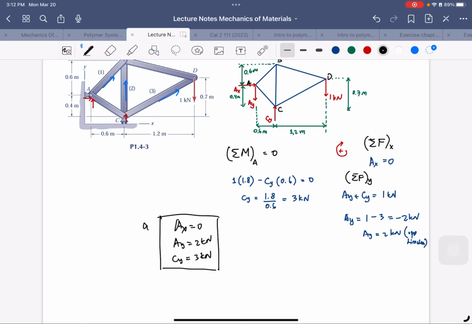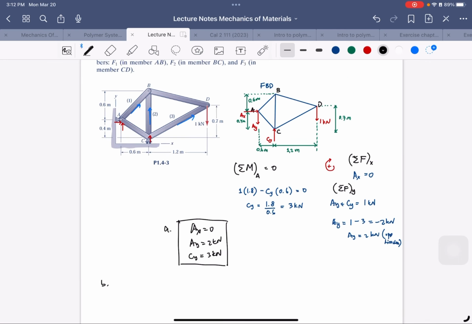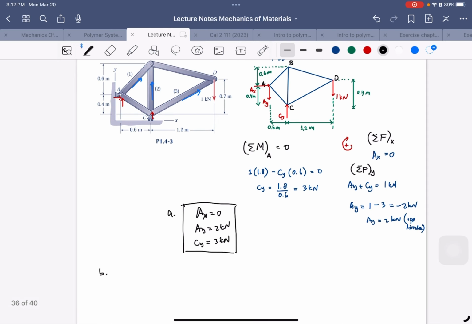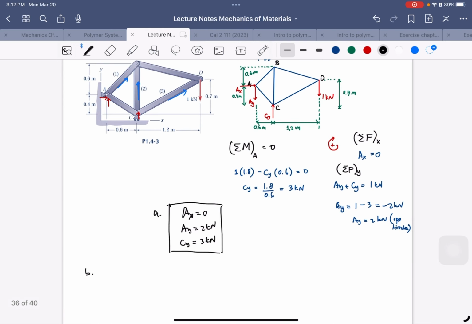So this is A, and this is B. Now member AC, we need to break down the truss.